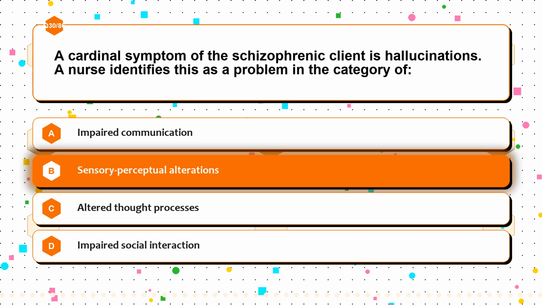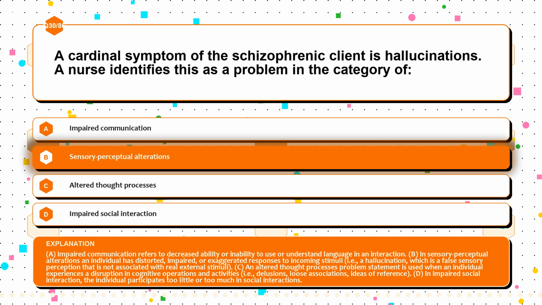The correct answer is option B. Sensory perceptual alterations. A. Impaired communication refers to decreased ability or inability to use or understand language in an interaction. B. In sensory perceptual alterations, an individual has distorted, impaired, or exaggerated responses to incoming stimuli, i.e. a hallucination, which is a false sensory perception that is not associated with real external stimuli.